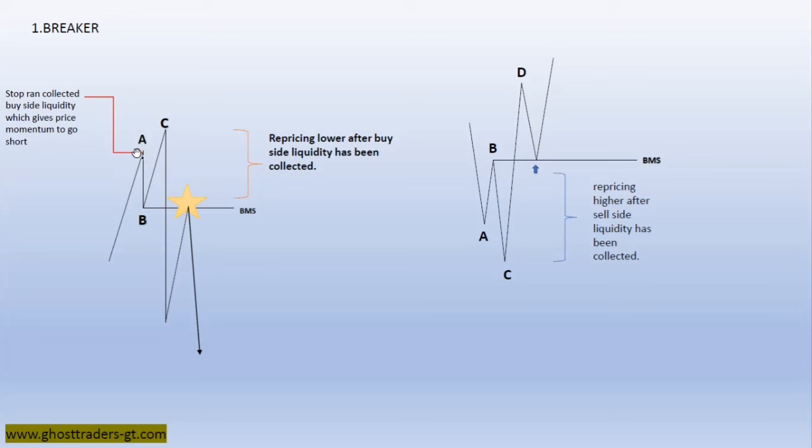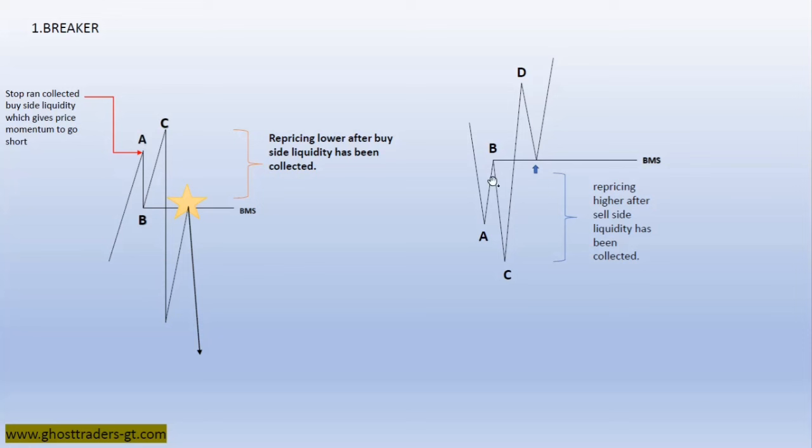Okay, so if you look at this level, we see that price came and took out this level. So buy side liquidity is simply being collected here, and then after that price went down low.